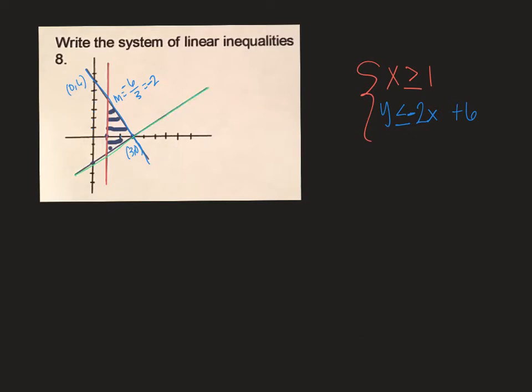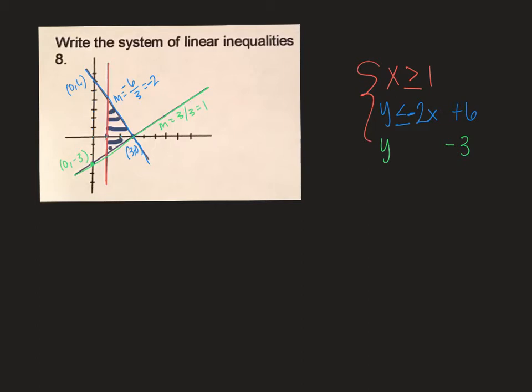has a point at 3, 0. And then this point here at 0, negative 3. So we know that we have a y-intercept at negative 3. And if we find our slope, we're going up 1, 2, 3 over 1, 2, 3. So 3 over 3 equals 1.